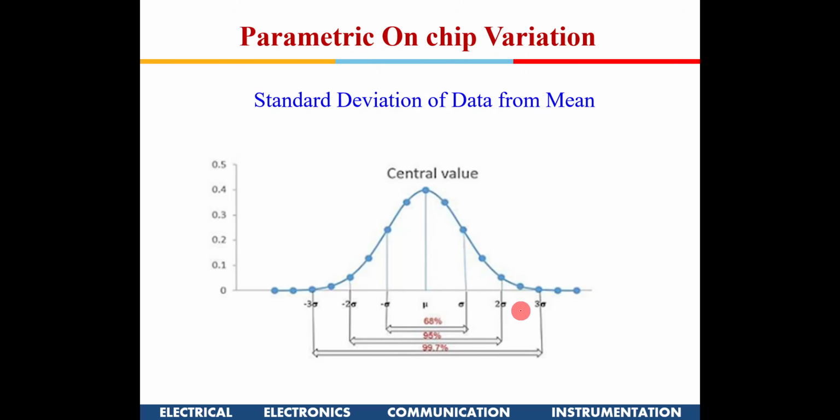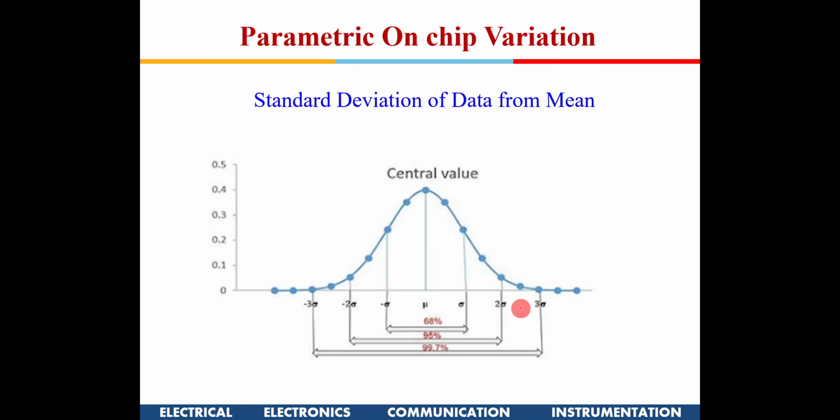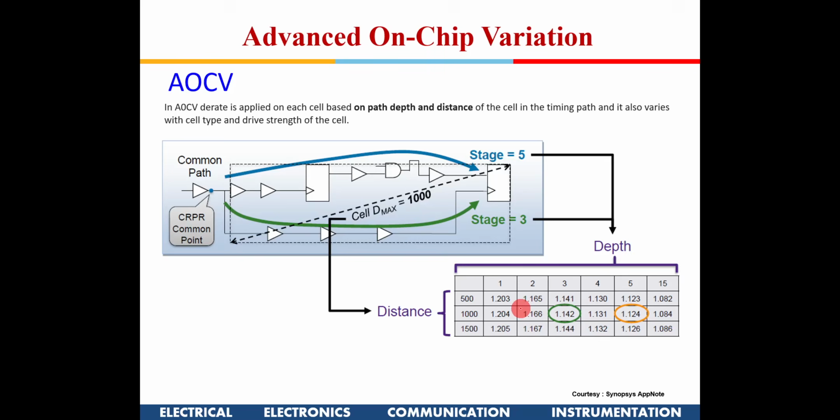So that is about parametric on-chip variation. In the next class, we'll stop here because I don't want to confuse two different concepts. Till now we were talking about single flip-flops in a big circuit. We have not analyzed a circuit as a whole, so there the definitions will slightly differ.